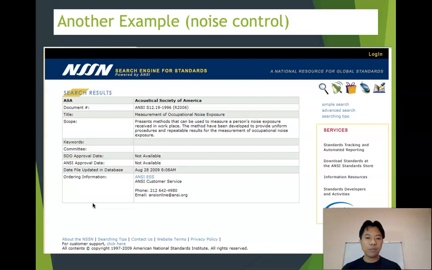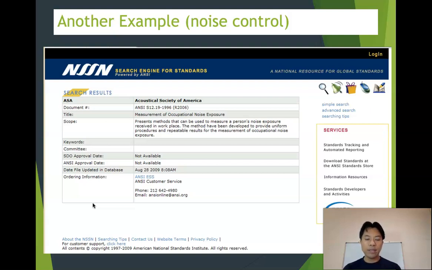Another example is for noise control. The one that I mentioned just now is on vibration and also noise on ships. This is the Acoustical Society of America, ANSI S12.19-1996, R2006, revision 2006. This is the measurement of occupational noise exposure.